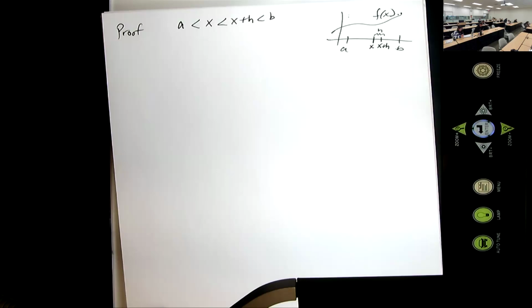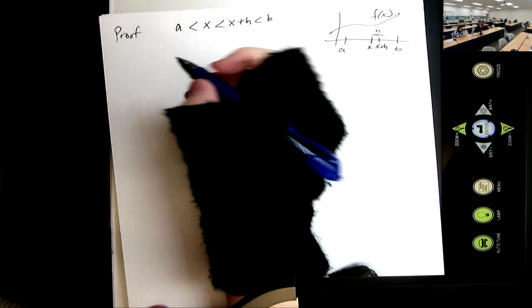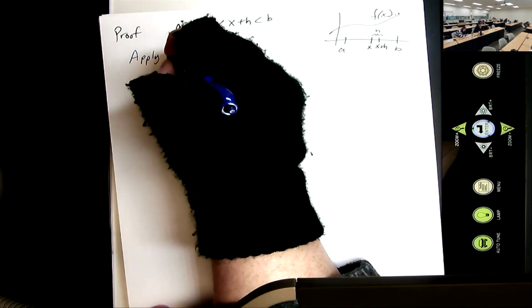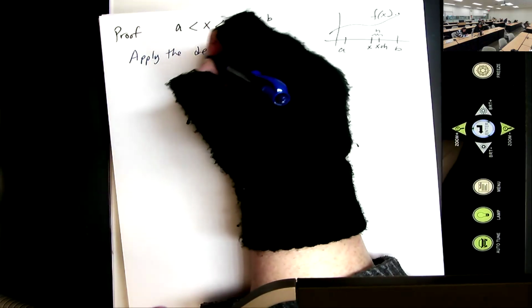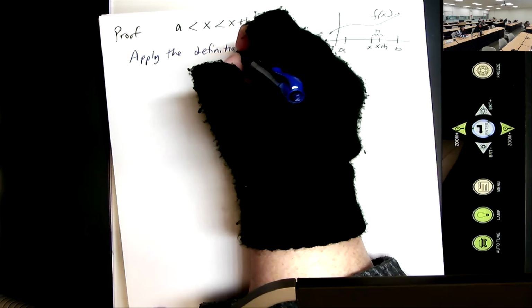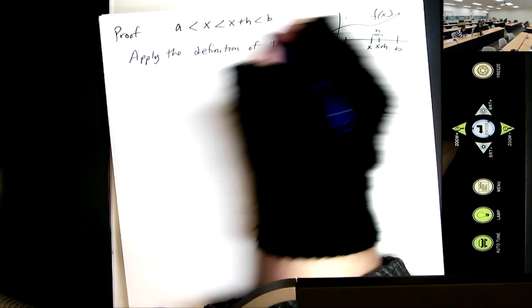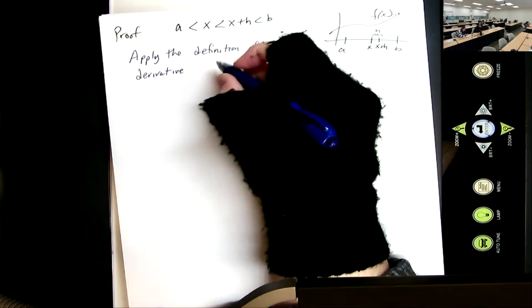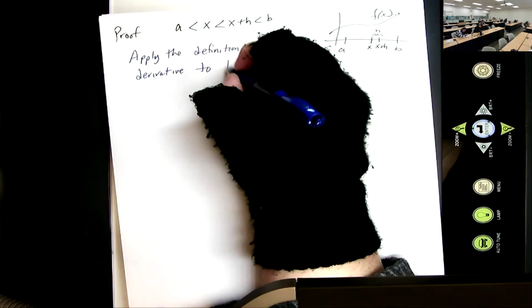What we're going to do is apply the definition of the derivative to big F of x.